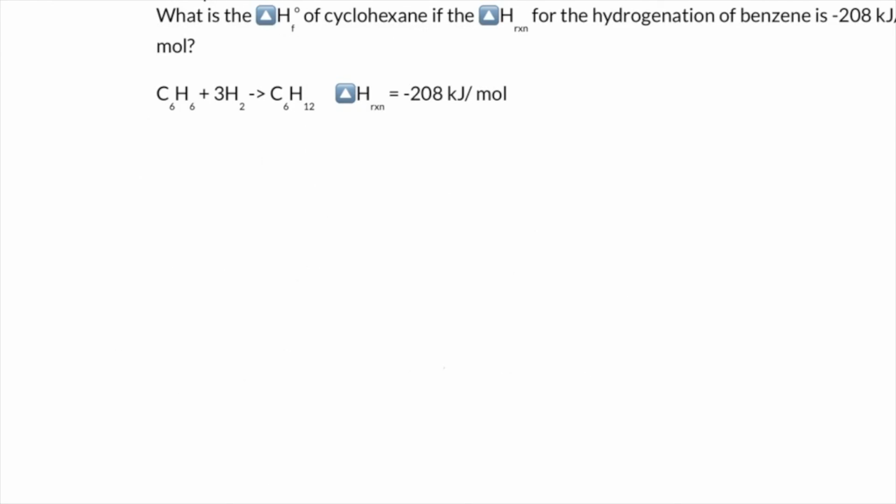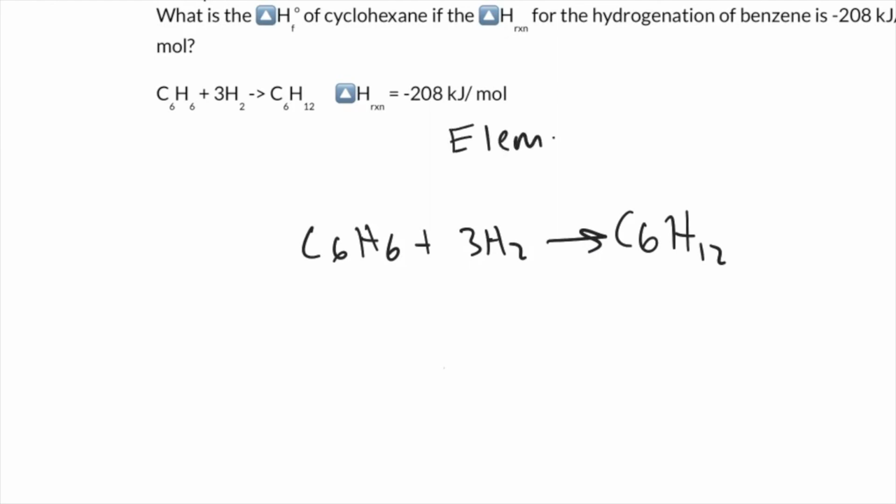Okay, second way to solve this is using energy cycles. Let's go ahead and write out the reaction again. I'm going to draw elements on top. Okay, and we're going to make our cycle, right?